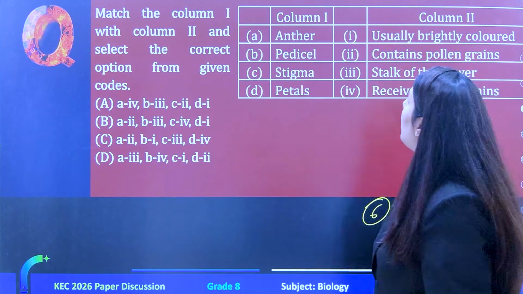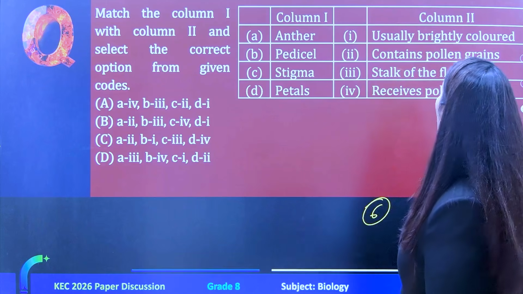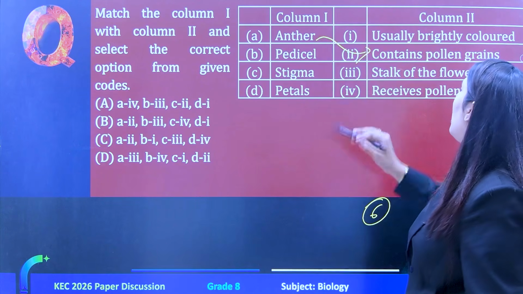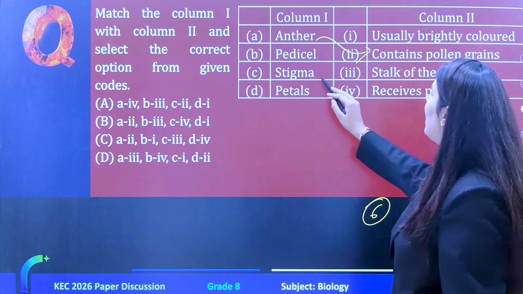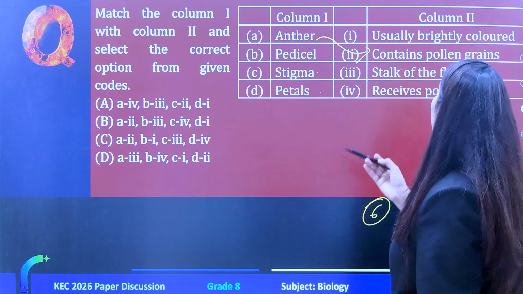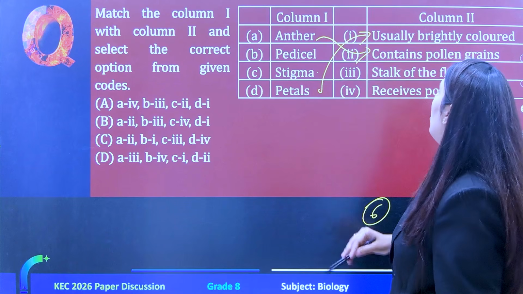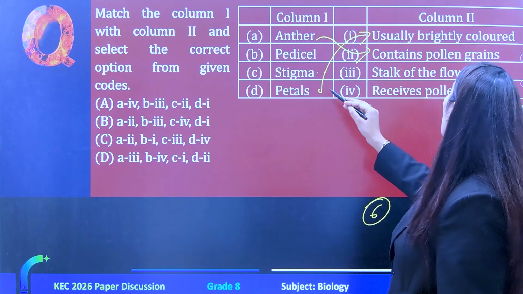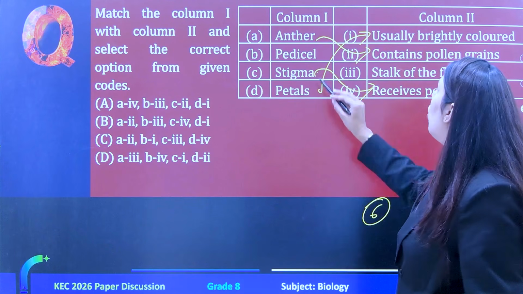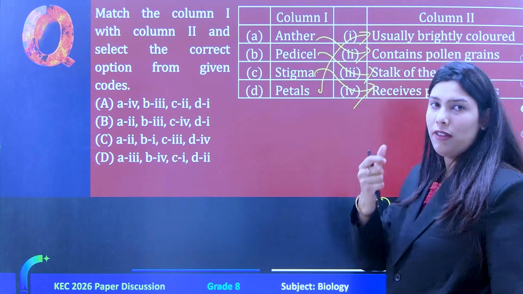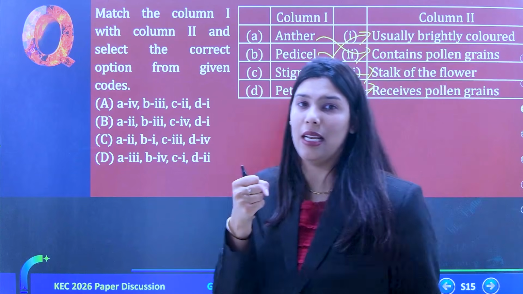Next question. Anther is what? Anther contains pollen grain. Okay. What is pedicel? What is stigma? What are petals? Petals are something which is colorful. Okay. Stigma means what? Which receives the pollen grain. Okay. Pedicel is what? The stalk of the flower. What you hold is that pedicel. Okay.